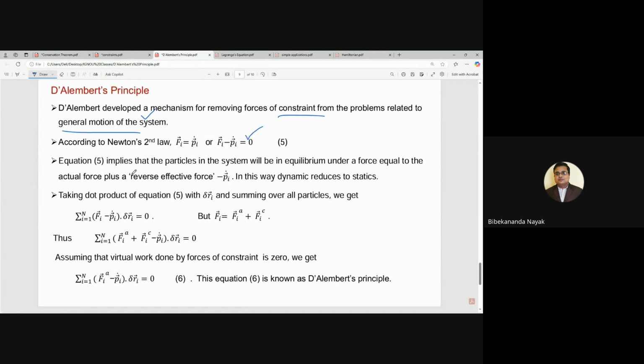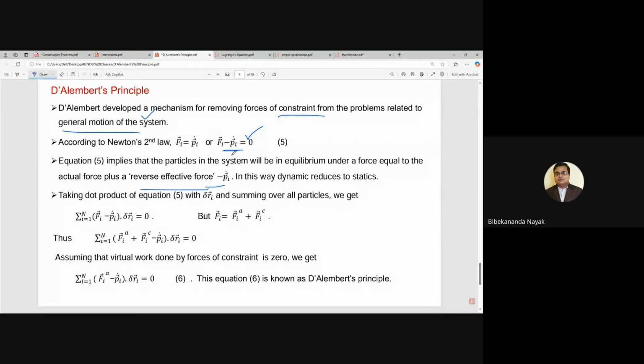This implies that a system will be in equilibrium under a force equal to the actual force plus a reverse effective force, minus Pi dot. In this way dynamics reduces to statics; now it behaves like a static system. The right hand side is 0, and force 0 means equilibrium.